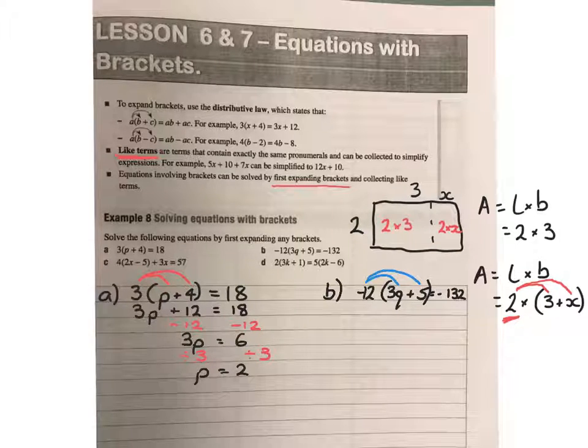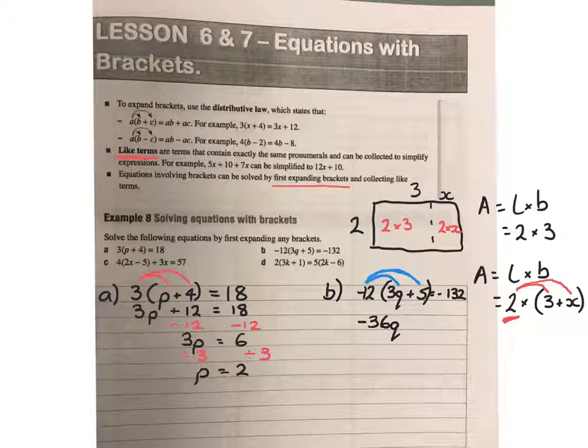So I'm going to follow this first line and I'm going to do negative 12 times 3q. So negative 12 times 3 is negative 36, times q, so we've got negative 36q. And then I'm going to trace the second line. So I've got negative 12 and I'm multiplying negative 12 by positive 5.